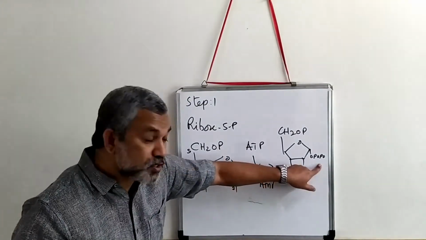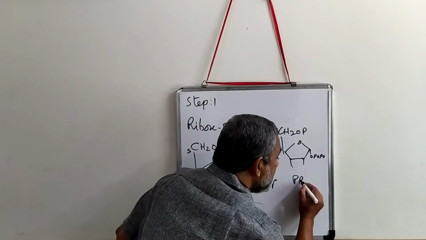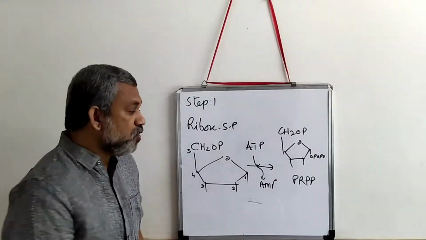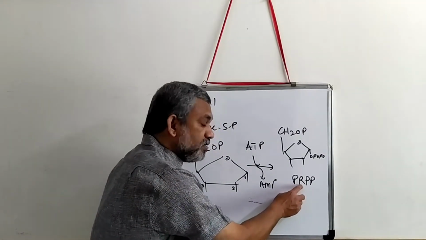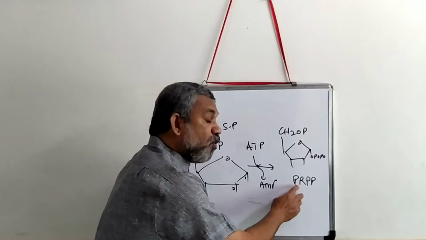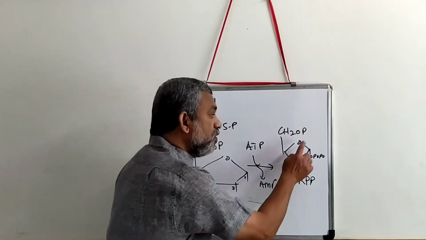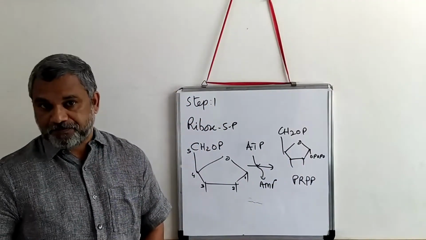Now, there are 2 phosphates here, and 1 phosphate here. This is called PRPP. PRPP stands for phosphoribosyl pyrophosphate. Phosphoribosyl pyrophosphate, that is PRPP.